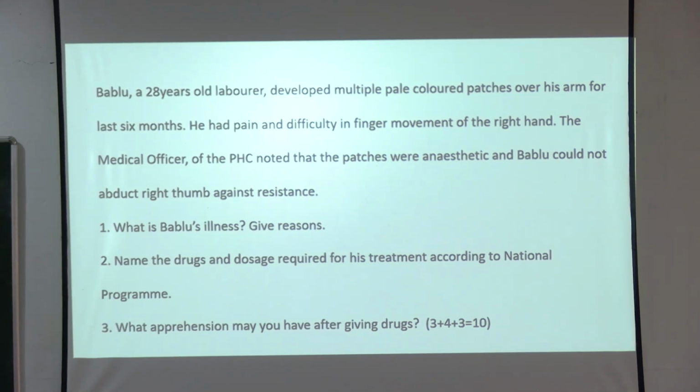Leprosy. What are the reasons? 3 marks are there. What is Bablu's illness? You are telling that he has leprosy. What are the reasons? Difficulty in finger movement. Only, probably he got an injury.